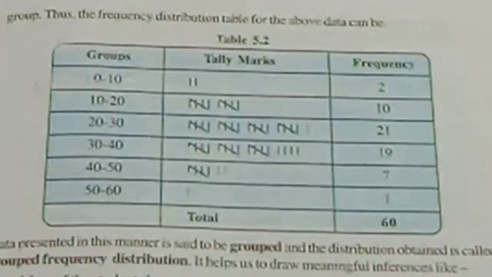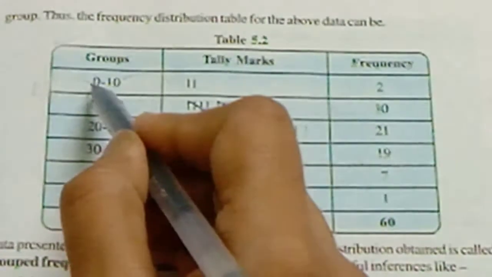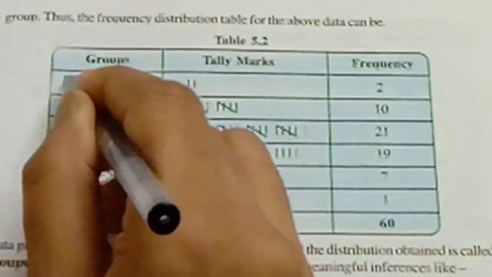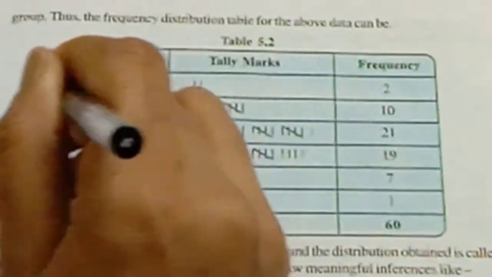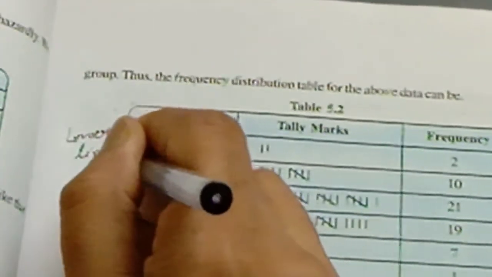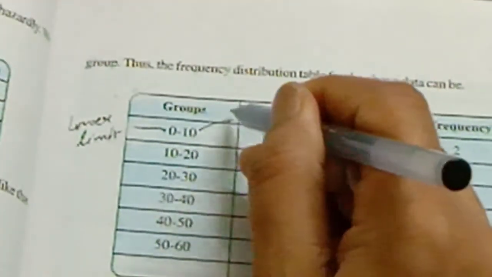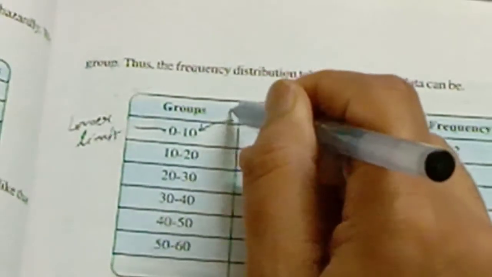When you make this kind of groups, the first one is known as the lower limit, and the last one is known as the upper limit.